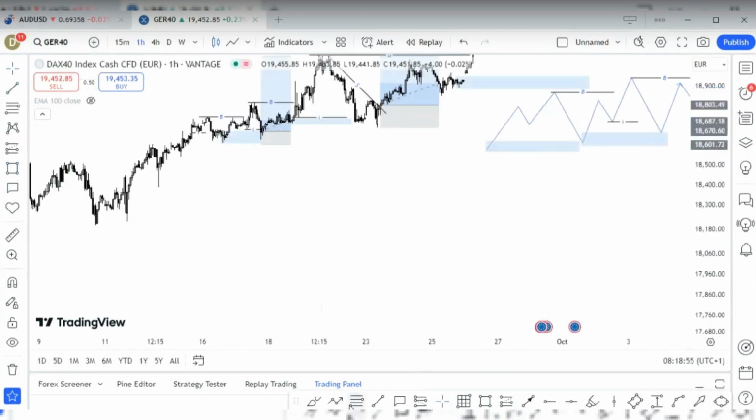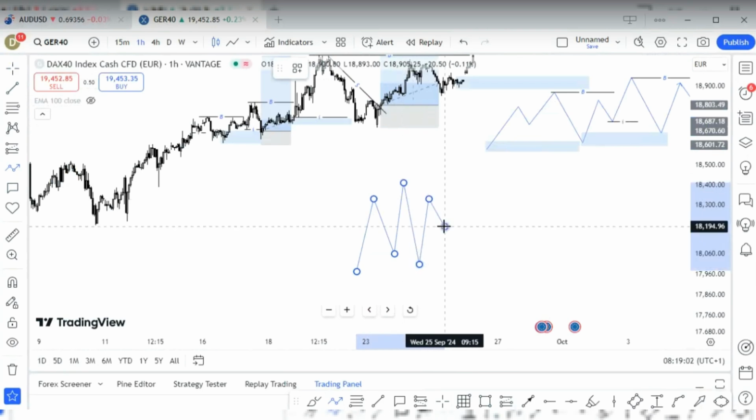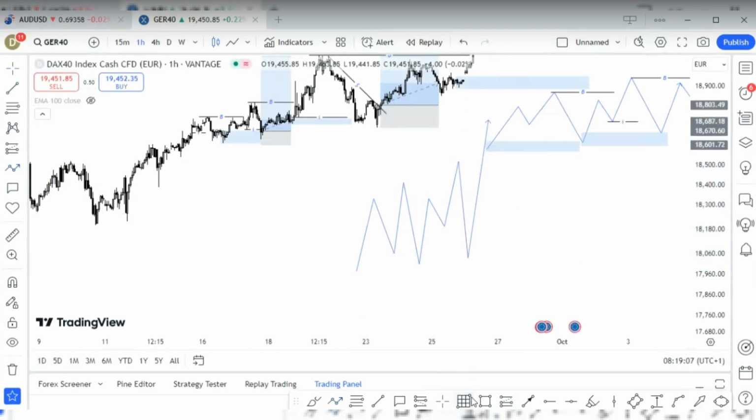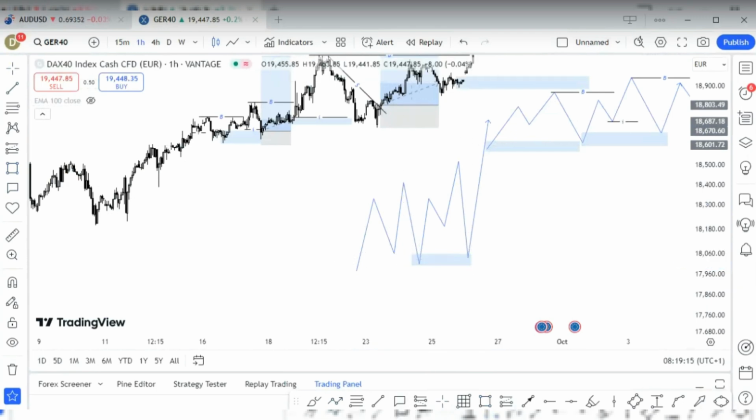Let me give you guys something. You see, if the market does something like this and takes out this inducement and the market pushes up, this low is very, very high probability because this inducement has been taken out. Then this level serves as our valid POI.